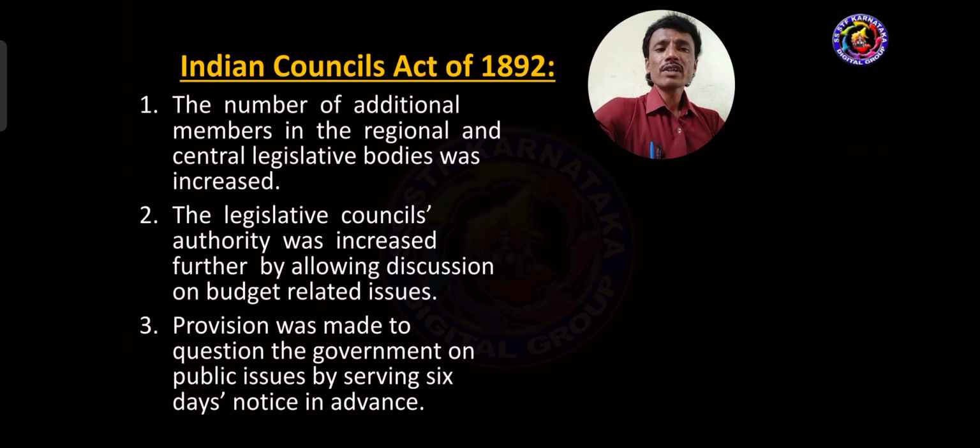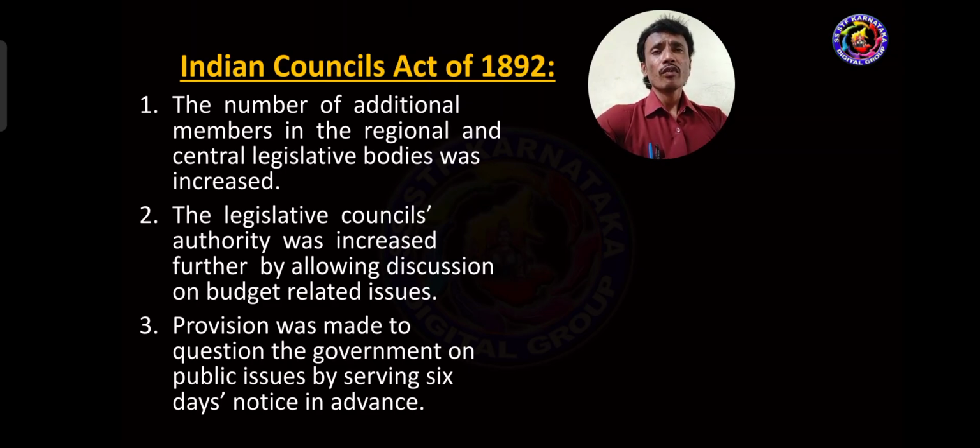And provision was made to question the government on public issues by serving six days' notice in advance. Public issues means any problems faced by the people of our country. Indians who were state level and central level legislative members had to give notice to the British government six days before.